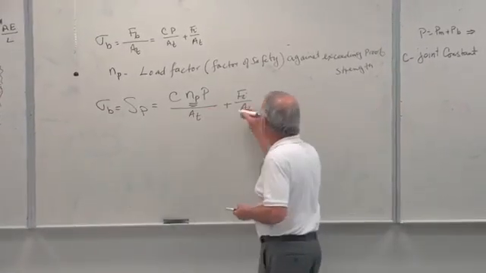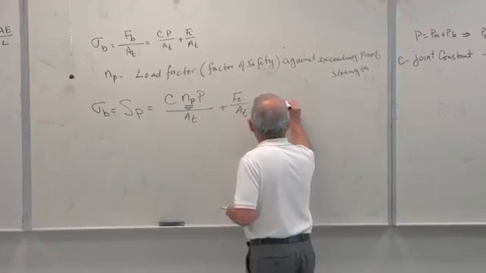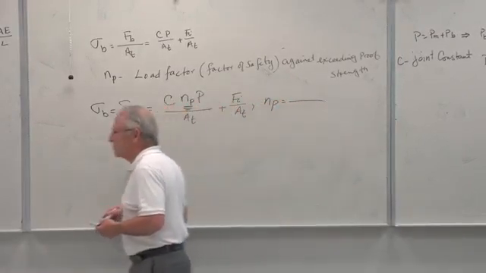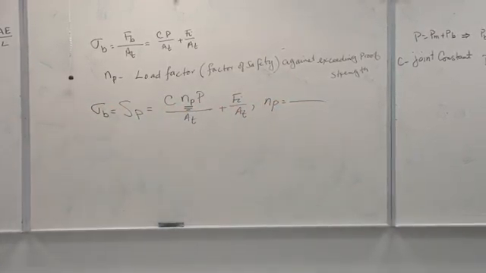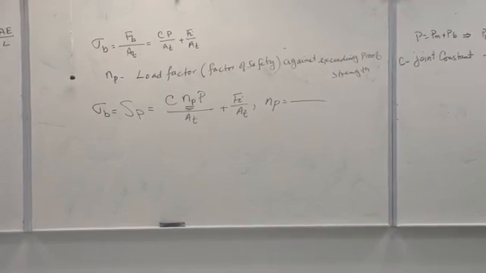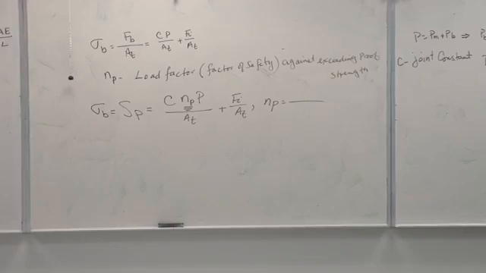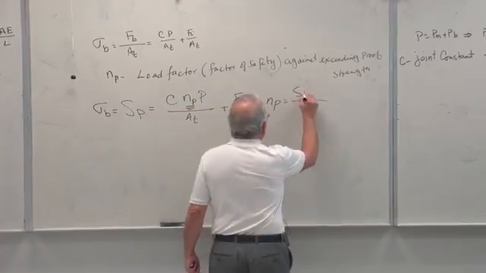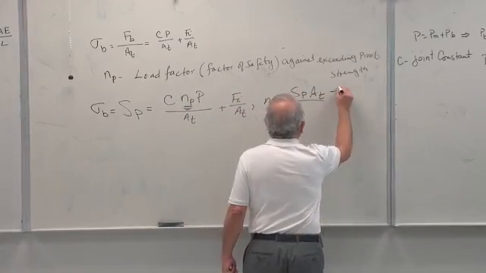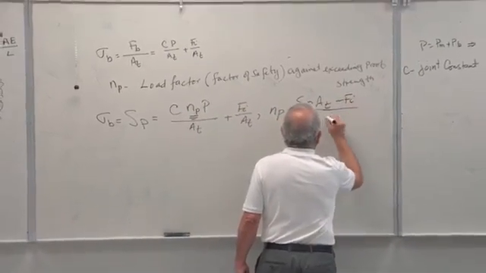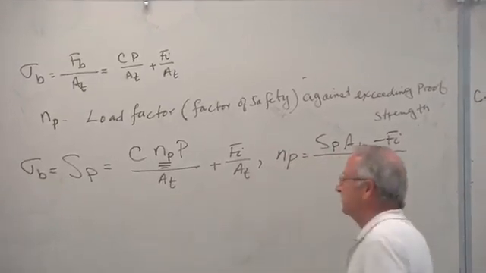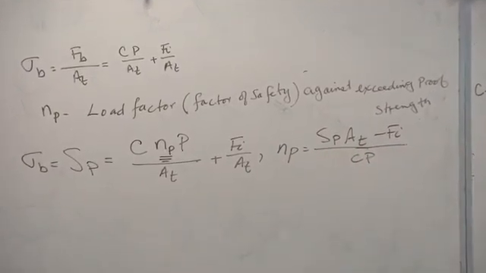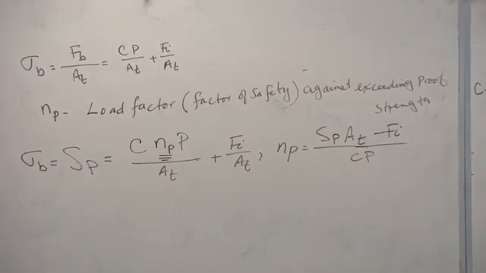And we now solve for NP. SP AT minus FI divided by CP. That's the proof load.